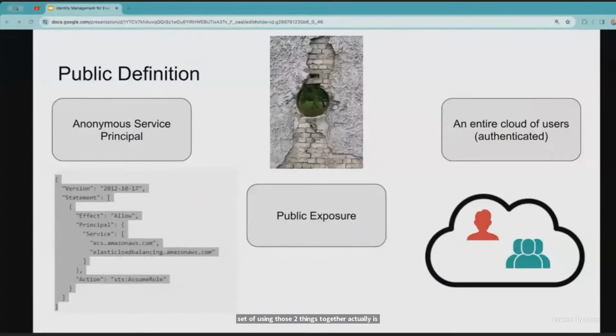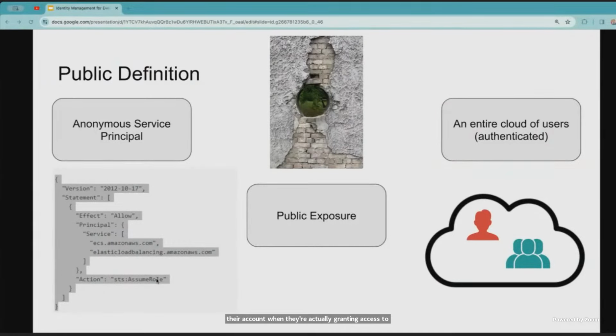And I just want to define public a bit as well here. The definition of public that we're going to use today is that it's anonymously accessible. So either it's on the internet, a publicly exposed port or service that just allows unfettered access, or the third, which might not be so obvious, and folks actually do make this mistake all the time, is that they think they're granting access to only users inside of their account when they're actually granting access to all of the users in that cloud.